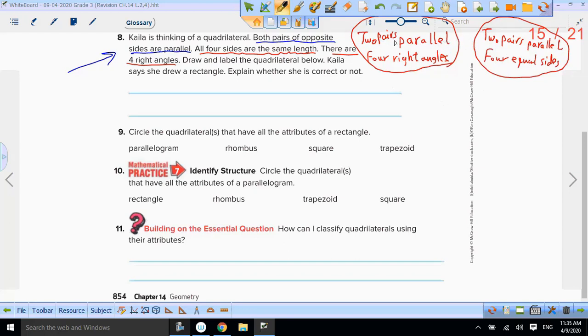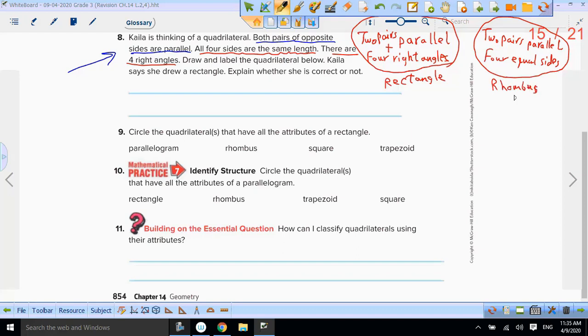Okay, so 2 pairs of parallel sides plus 4 right angles is a rectangle. 2 pairs of parallel sides and 4 equal sides, it is a rhombus.